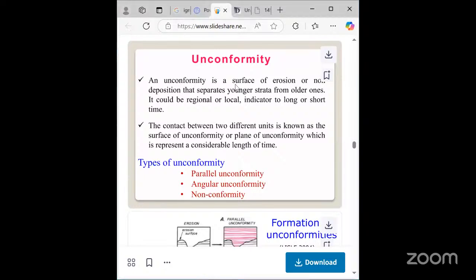Now you see here. Unconformity means the surface of erosion or non-deposition occurring within the sequence of rocks, right?